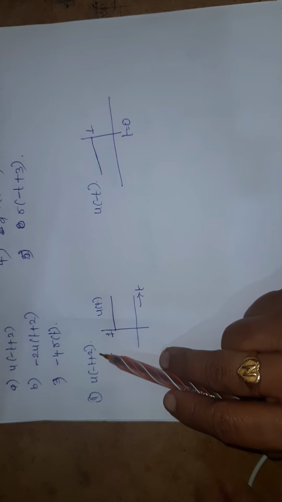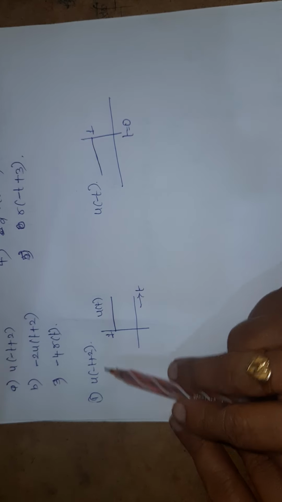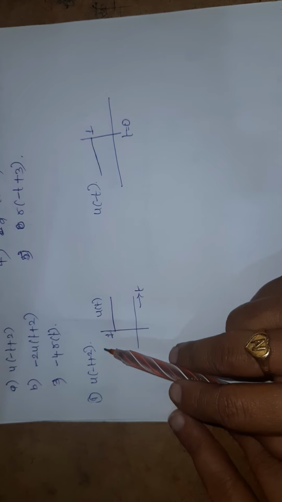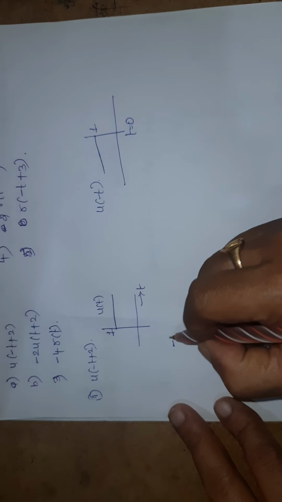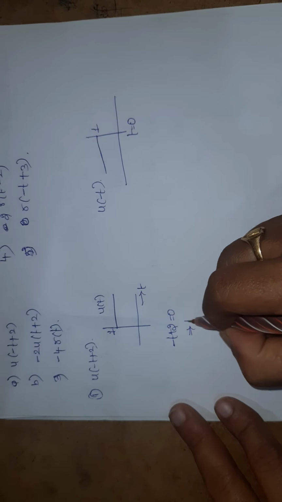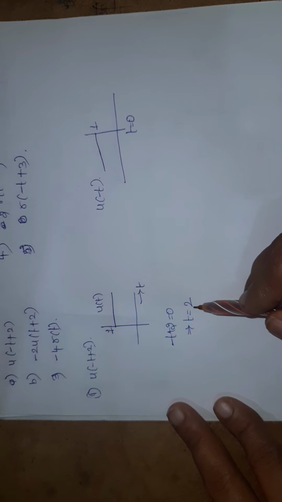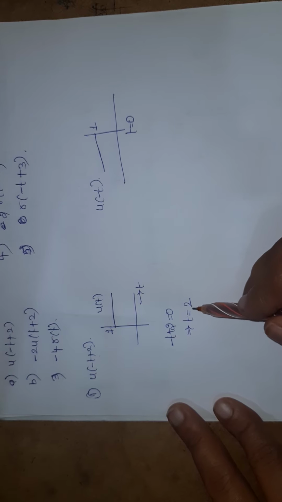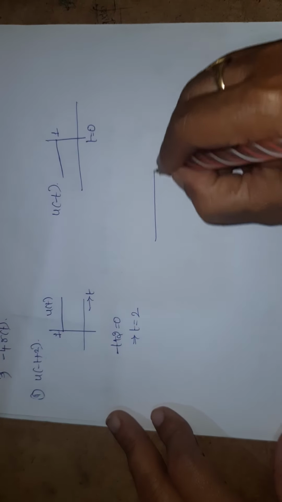From this we have to know whether the signal has to shift to the right side or left side. How to know? I already told you, you have to consider the inner value, that is minus t plus 2, and make it equal to 0, such that I get t equal to 2. t equal to 2 means a positive value.